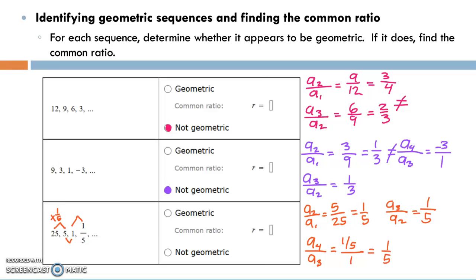So all of my ratios, everything I had to multiply, was the same. So this is a geometric sequence with r equal to 1/5. So that is how we can identify geometric sequences and find the common ratio.